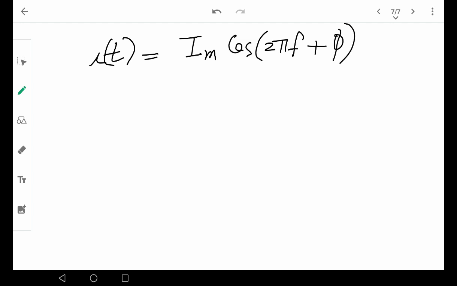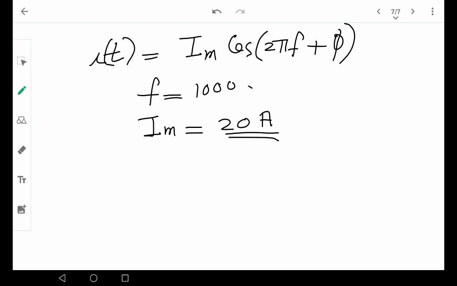You know what is f, isn't it? f is 1000. And you know what is Im? Im is given by maximum amplitude, that is 20 ampere.